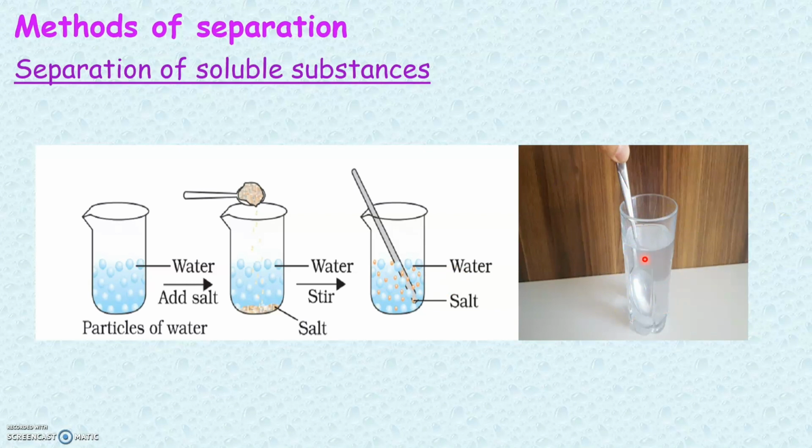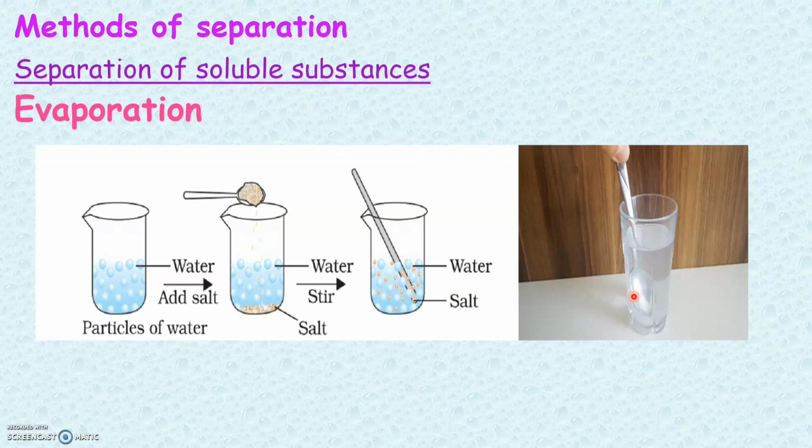Now let's see how we can separate salt from this salt solution. One such method for separation of soluble substances is called evaporation. So by this method of evaporation, we can separate soluble substances from its solution.